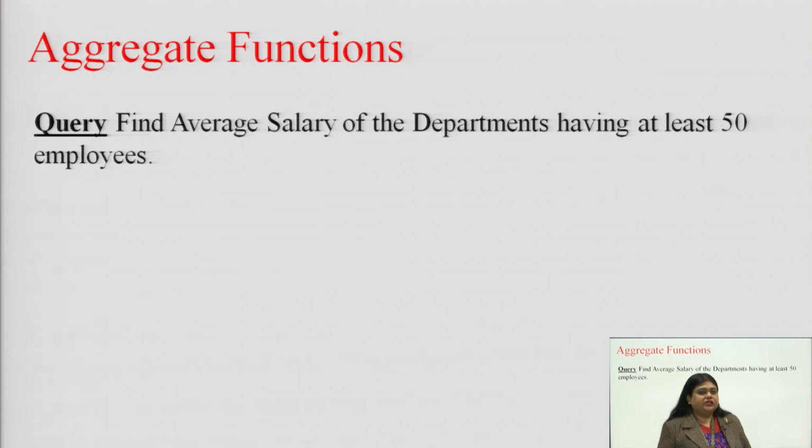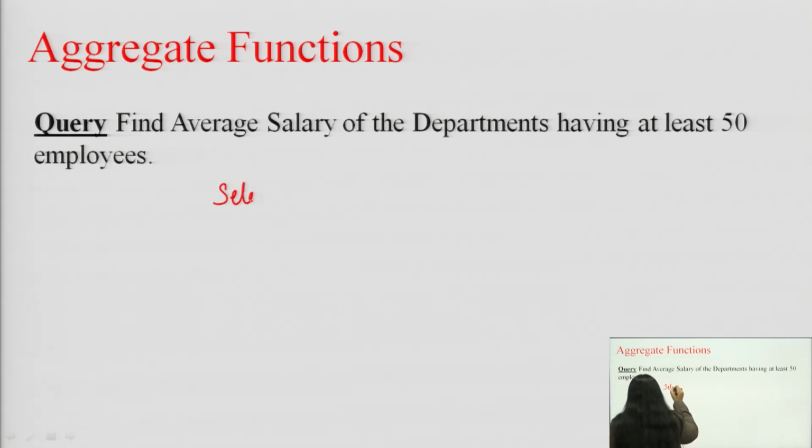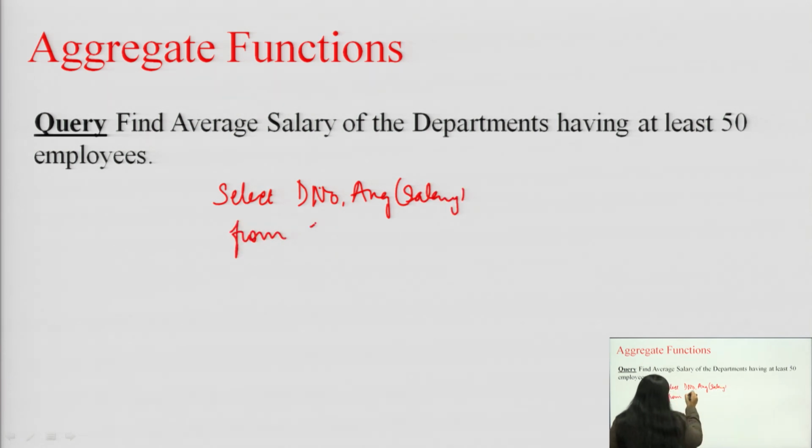Coming to next, it says to find the average salary of the department having at least 50 employees. Now, a new factor has been added. It says to find the average salary of that department which has at least 50 employees. So, it is select department number, average salary from the employee table grouped by department number.